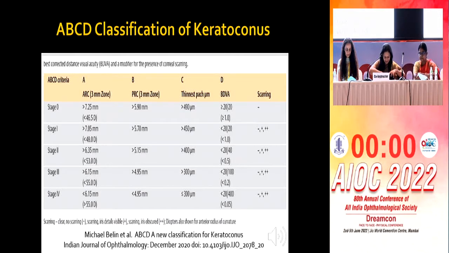It uses modern technology, essentially corneal tomography and Scheimpflug imaging criteria, separating the features in terms of A, the anterior surface, B, the back surface, C, the corneal thickness, and D also takes into account the best corrected distance visual acuity. Along with that, there is also the component of scarring, which is taken into account, so that for each patient you can customize the exact parameters and come to a more defined value of the stage of the disease.